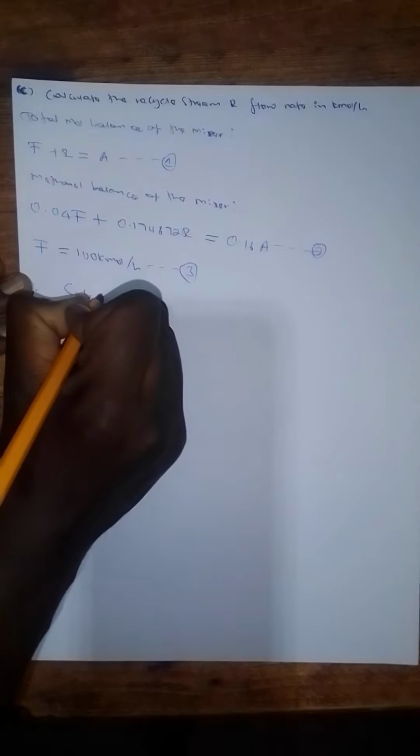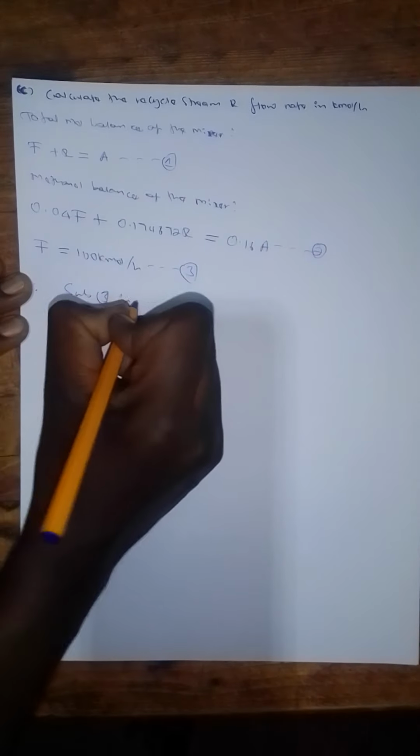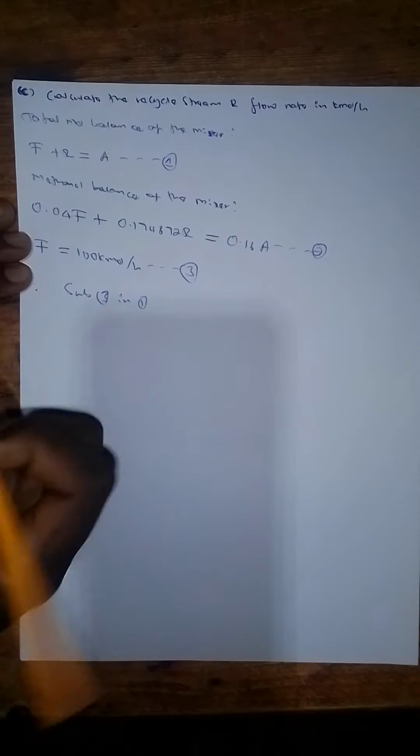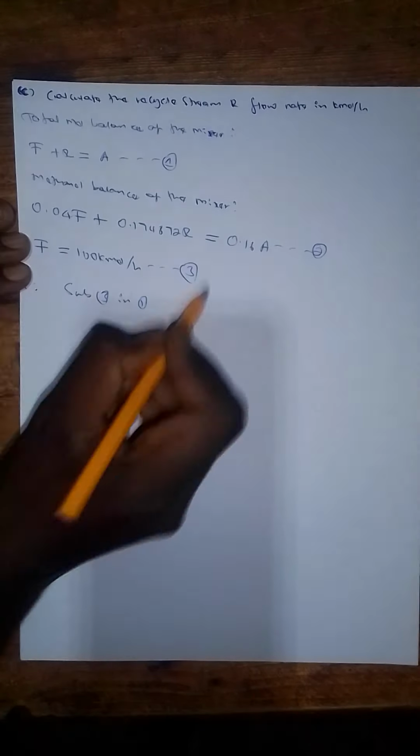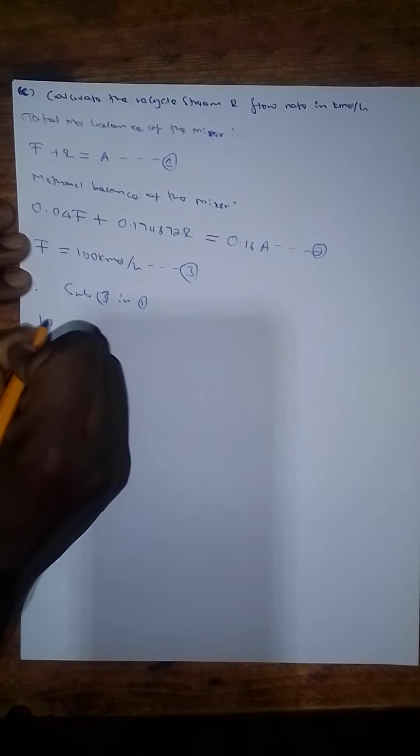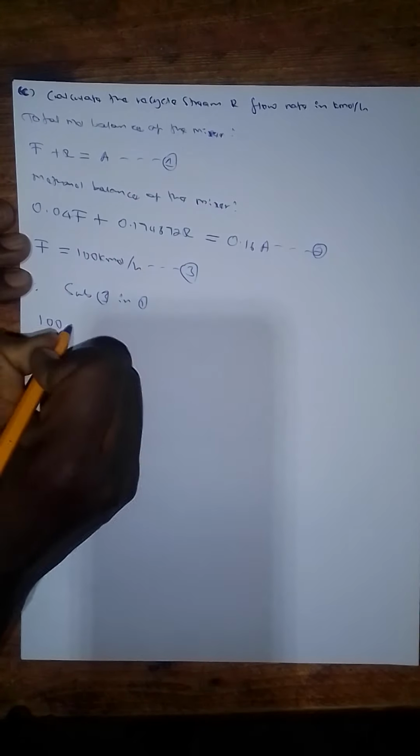Let's substitute 3 in 1. Remember that we are done with the chemical engineering, so we're simply doing the arithmetic to solve for the unknowns. Substituting, we have 100 plus R is equal to A. That becomes our fourth equation.